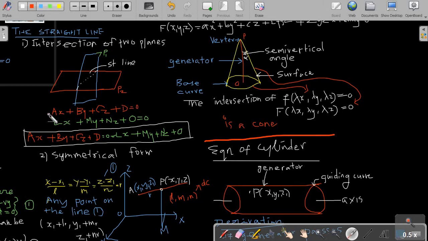But we already know that the equation of a plane is ax plus by plus cz plus d equals 0.